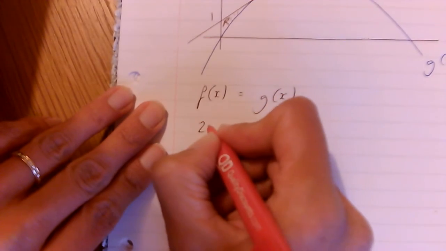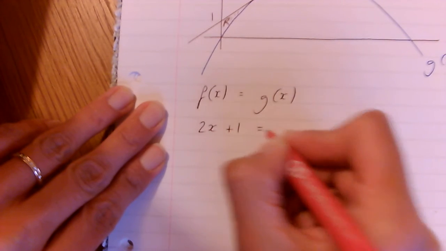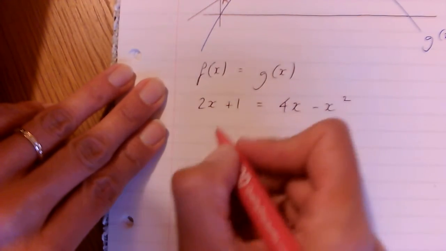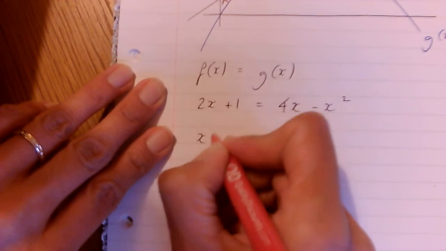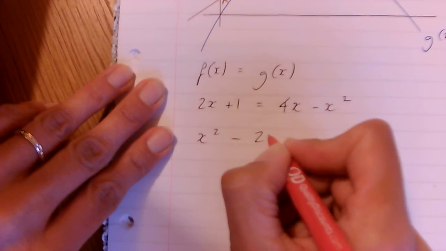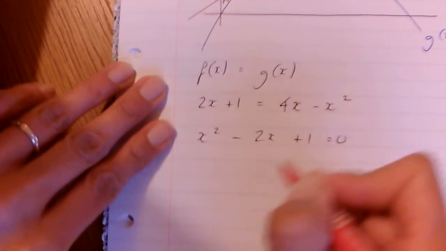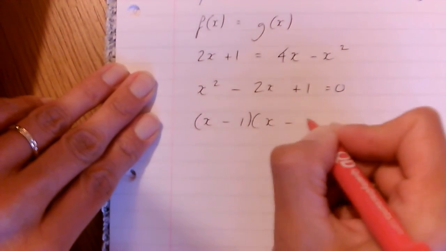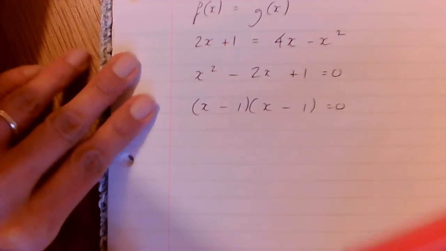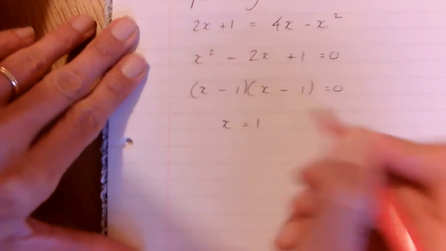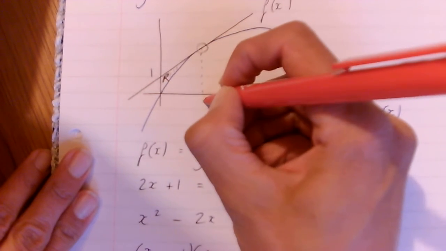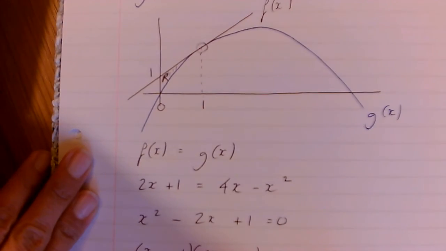So I'm going to say 2x plus 1 is equal to 4x take away x squared, and then I'm just going to rearrange this quadratic equal to 0, so I'm going to have x squared take away 2x plus 1 equals 0, and then I've written this one so it factorises like so. So we'll get x equals 1, so therefore this point here, this value, this upper limit here is 1, and obviously this is 0 just here.